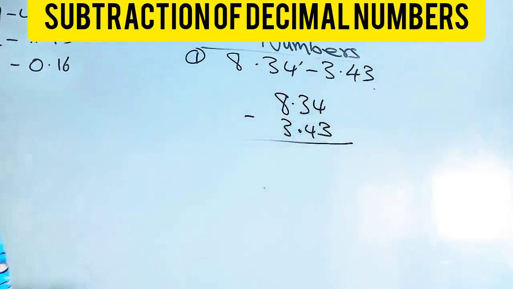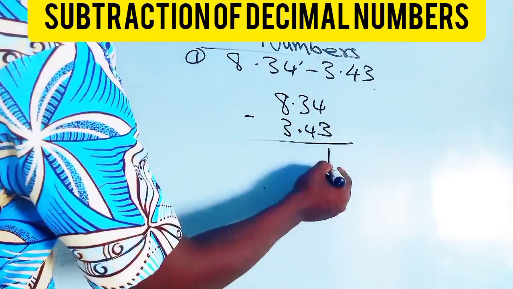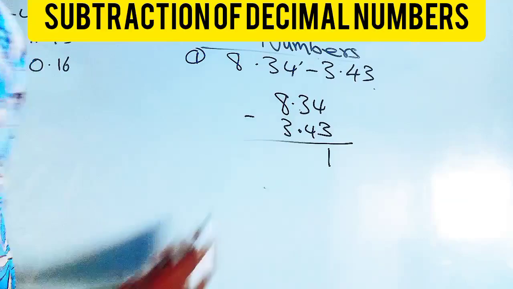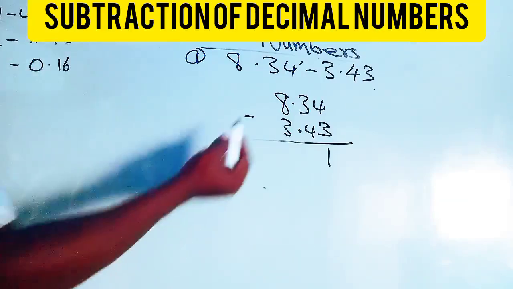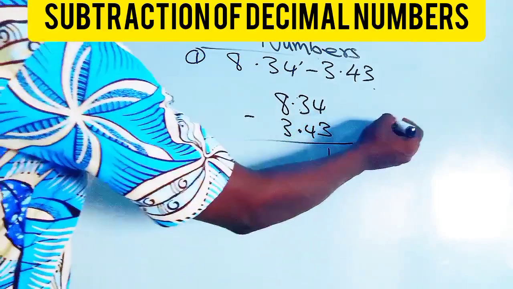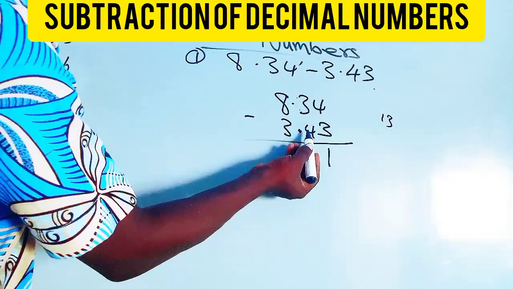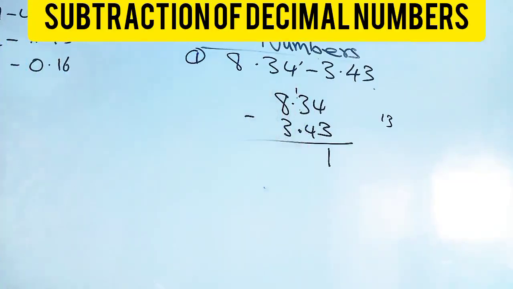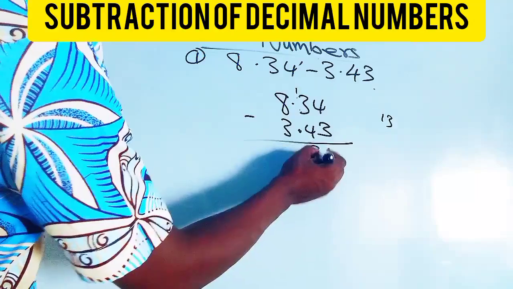4 minus 3, you will have 1. 3 minus 4, it is not possible that way. So we will borrow 1 from here to add to this 3 to give us what? 13. When you subtract 4 from 13, you will be having 9. You have 9 here.